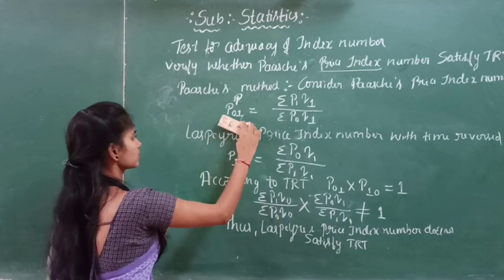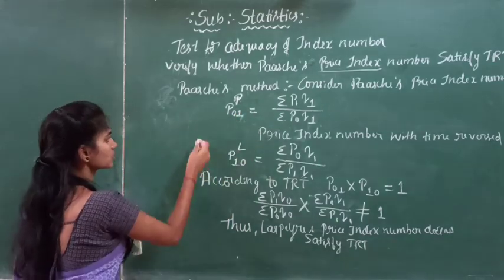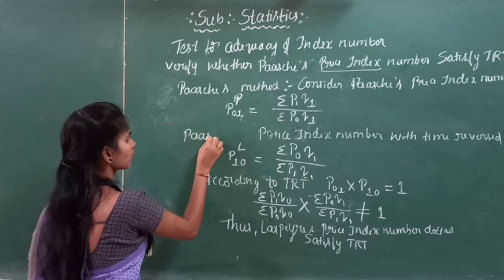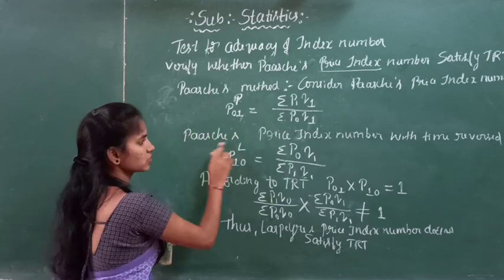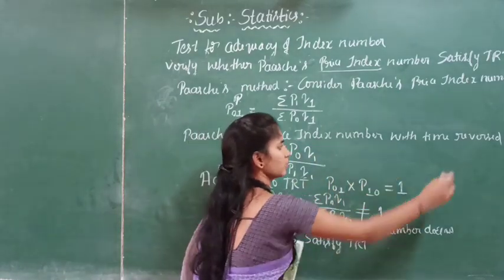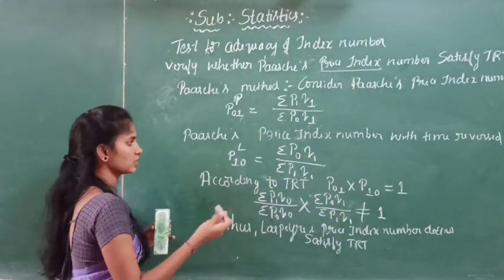Next step is Paasche's price index number with the time reversed, that means interchanging 1 and 0.